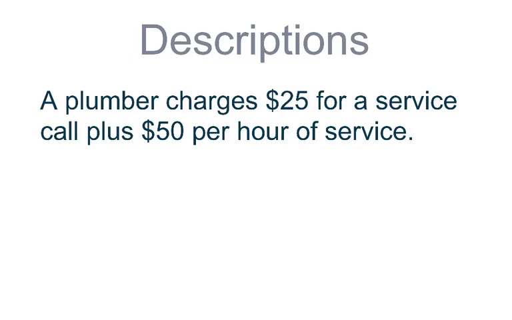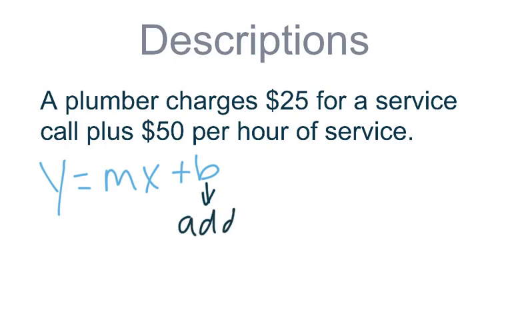So for descriptions, it's important to know which piece belongs to what. So we have our formula, y equals mx plus b. Typically, when you have a b, this is going to be an additional charge, right? It's going to be something added on or subtracted, right?